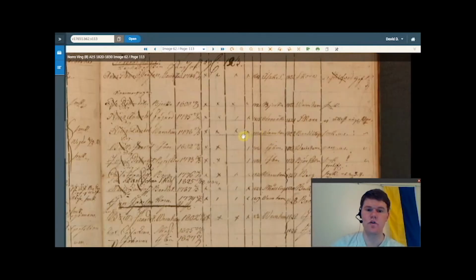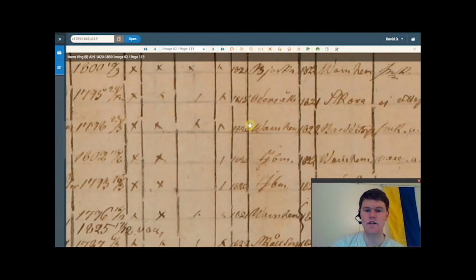Here in 1820, a little hard to read, but she moved from Warnhem. The W's and the V's make the same sound and are replaceable, and some of the spelling stuff is going to be talked about in a different video. So this is Varnhem. We go and find the moving in record for this parish, and we'll work from there.